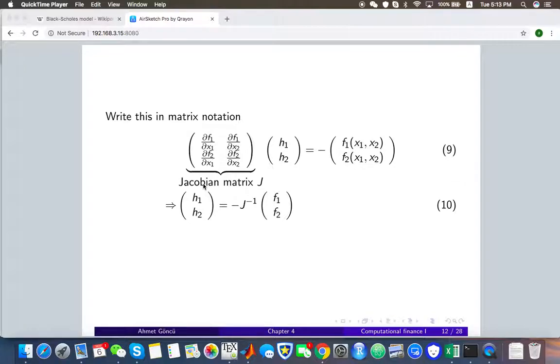You might have seen this matrix in calculus. Even if you haven't, remembering the name is not very important for us. Basically, we can solve this system for h, which is calculated as minus J inverse times the vector of f1 and f2.